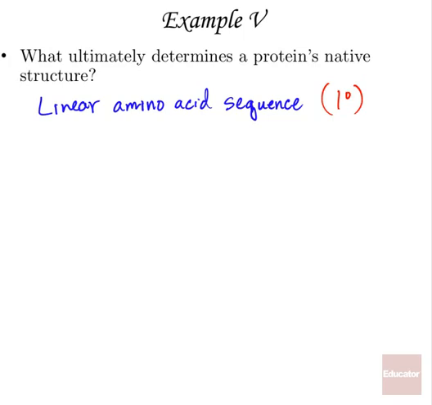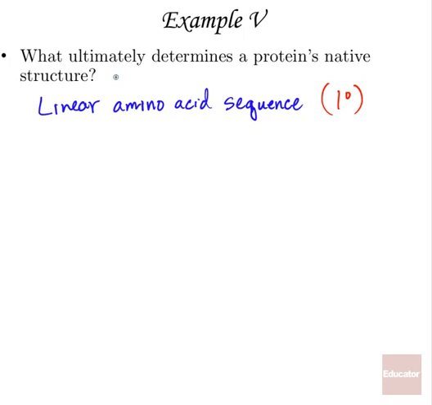Okay. Now, what else will determine a native protein structure? Well, when we're talking about protein native structure, what are we even talking about? Tertiary structure, right? So this question is asking what determines our tertiary structure.